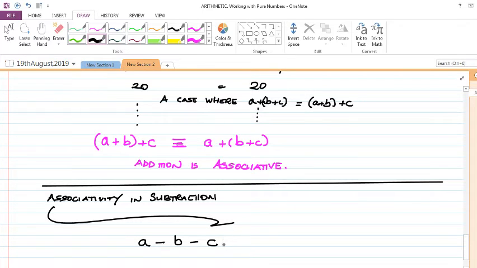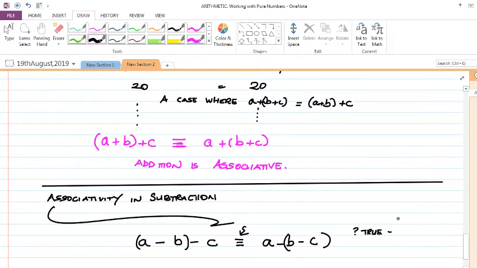For subtraction to be associative, I'm looking to see whether A take away B take away C is always the same as A minus B take away C. So, if it's always true that A minus B minus C is always equal to A minus B minus C, then subtraction is associative.